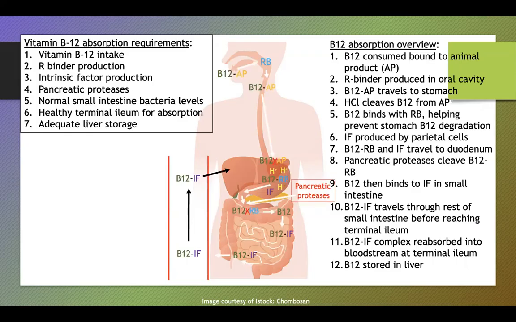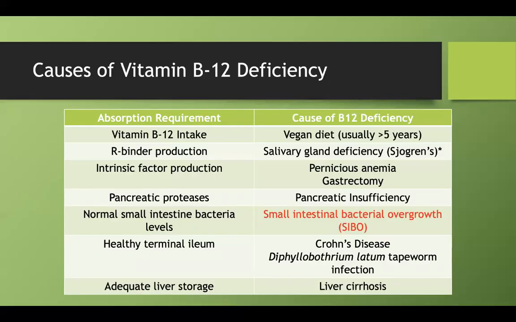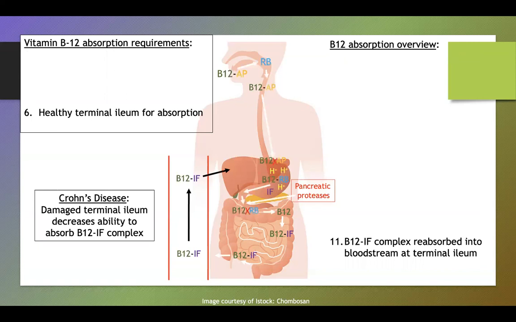If you have small intestinal bacterial overgrowth, what happens there is that the bacteria within the intestines actually like to consume B12 themselves. So if you don't have enough B12 binding with intrinsic factor because it's all being eaten by your bacterial overgrowth, then you won't get absorption. For Crohn's disease, what happens here is that the terminal ileum itself is damaged.